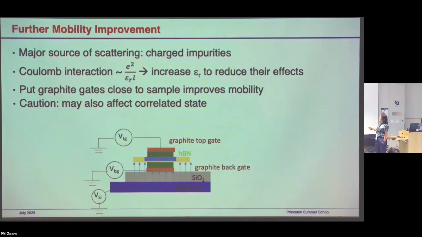Of course, the flip side of that is that if you want to see correlated states, the screening is so strong that maybe the correlated states might be suppressed. So there's a lot of things you need to play with.